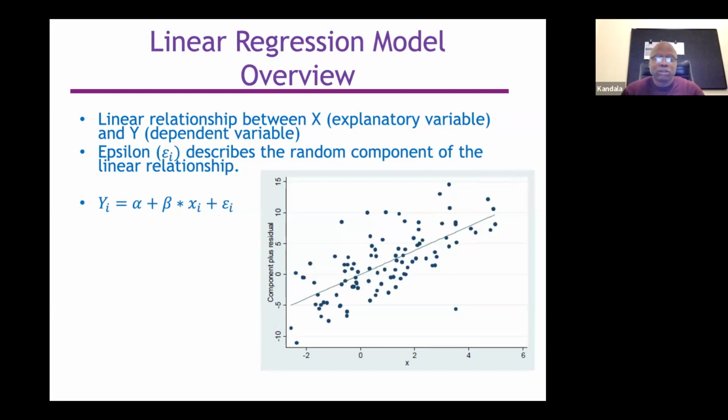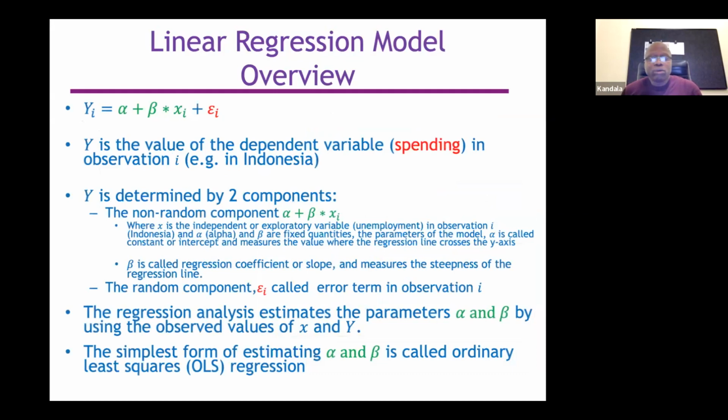We need to determine which variable is our explanatory variable and which one is the dependent variable. I will come into more detail about this later. Y is the value of the dependent variable, which in our case is spending. You may have this in any context, so it's just an example.